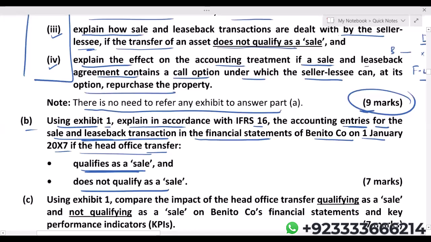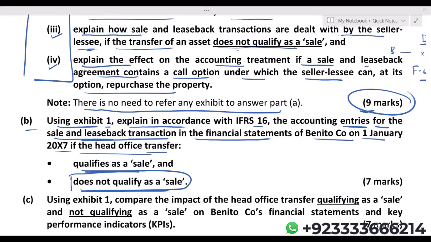Can I say if it does not qualify as a sale, whatever consideration I have received, debit, and financial liability will be credited? Yes or no? I'm talking about the second one. If the transfer is not qualifying as a sale, then whatever consideration we have received, simply debit, and financial liability, you can say loan, credit. But when it qualifies as a sale, then we have to see the scenario.